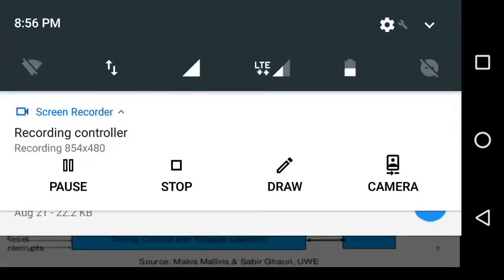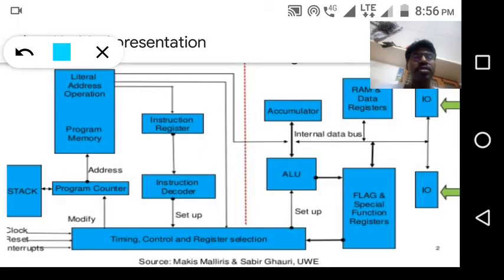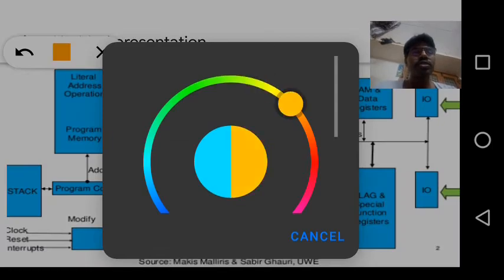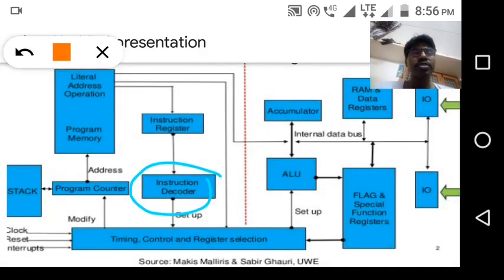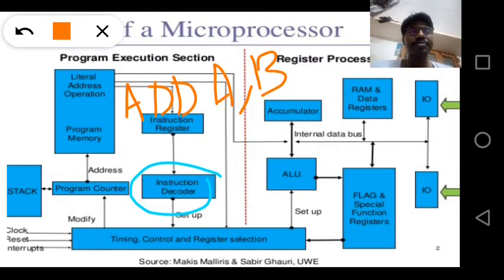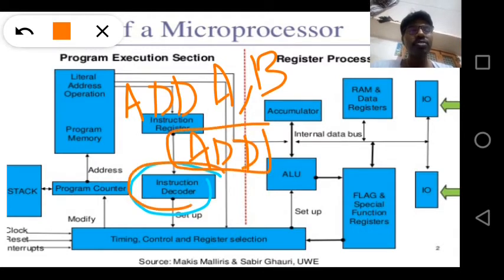The instruction decoder decodes the instruction, that is add a comma b. The add part is decoded by the instruction decoder.